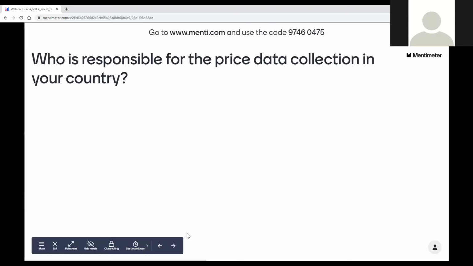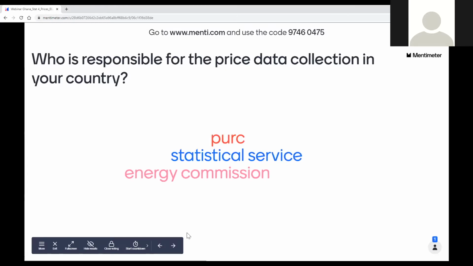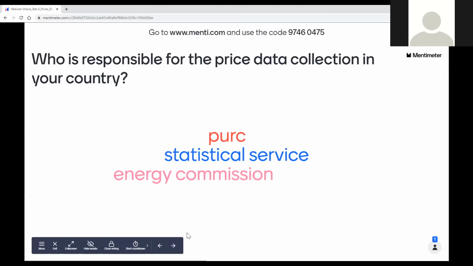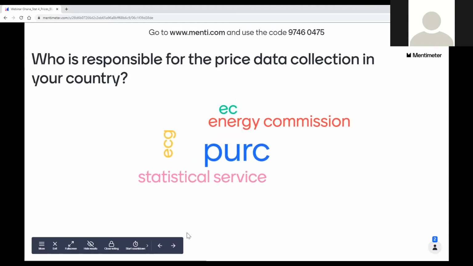And especially we are interested in knowing because we will be having bilateral meetings on energy prices. So we are really interested in developing and improving our data collection on prices at the IEA and collaborate with the different entities in your country.